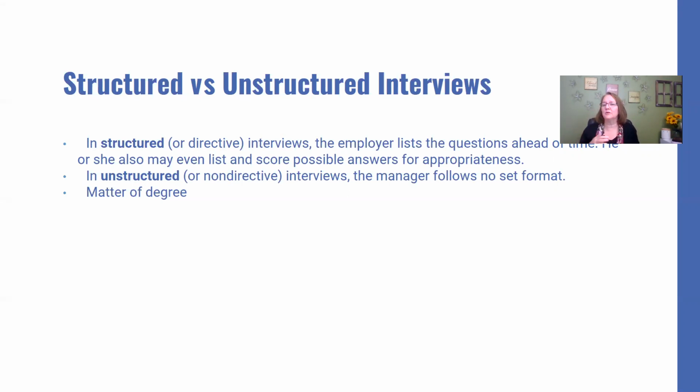And then there's degrees that you may follow in these formats. So is it a matter of preference? Companies may have a certain format that they follow. The structured interview at least allows you to compare candidates fairly equally on how they answered every question. So it allows you to compare more easily.